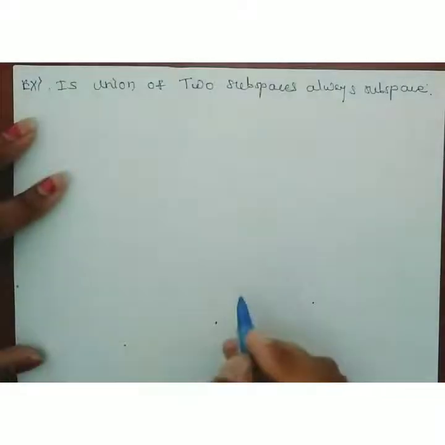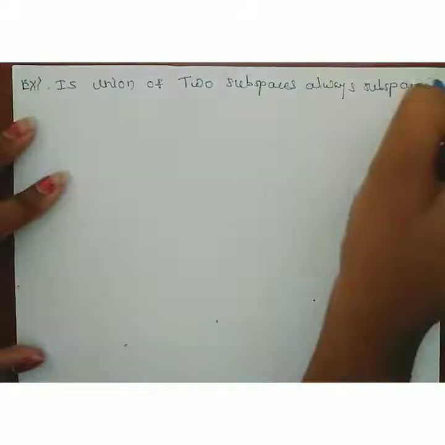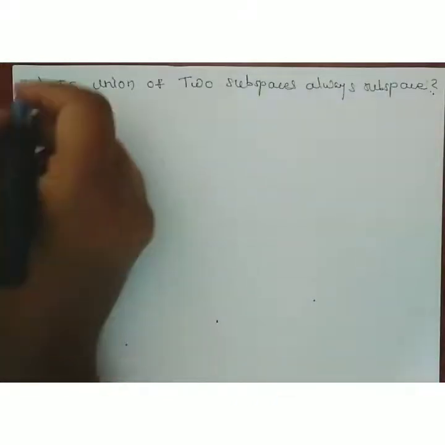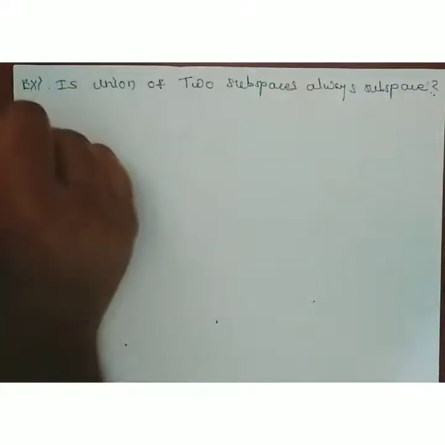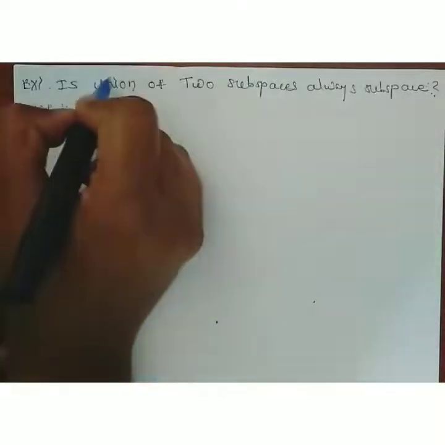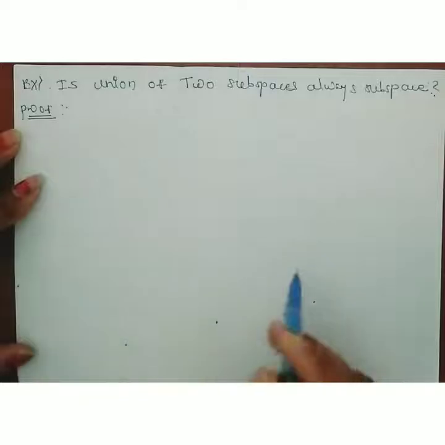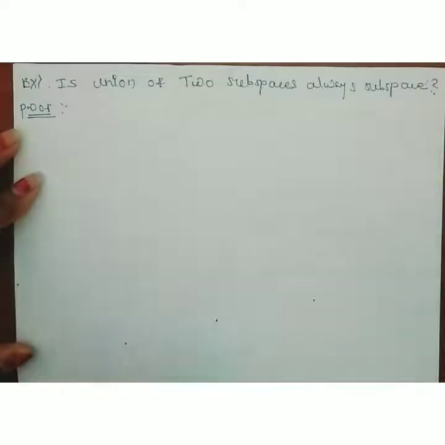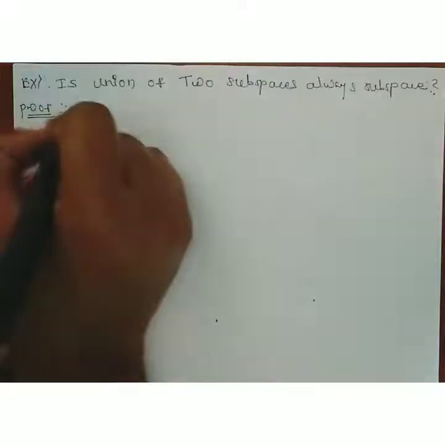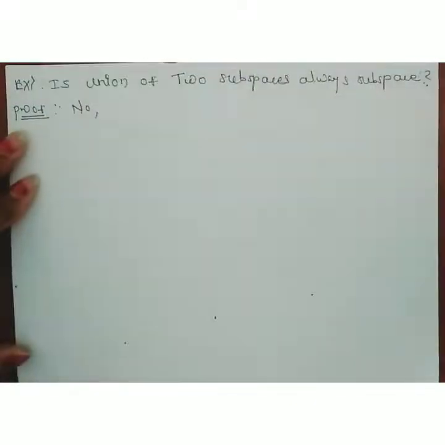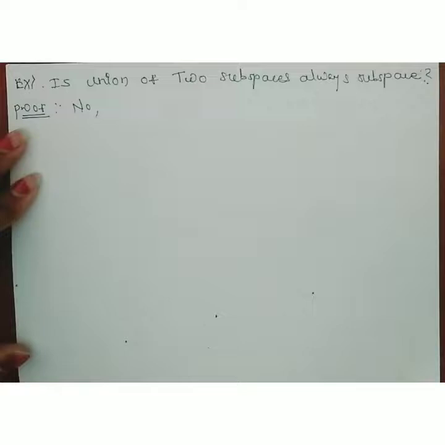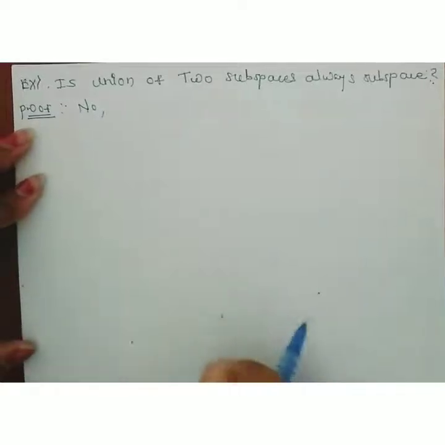Here this does not hold. If S and T are two subspaces, then their union need not be a subspace. Therefore this does not happen. The answer is no. And why? For this we have to give a counter example.